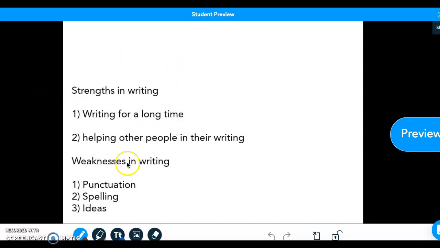So we see this example. We have strengths in writing, and then we have a list, 1 and 2. Weaknesses in writing, 1, 2, and 3: punctuation, spelling, and ideas. With an essay, we do not have a numbered list.